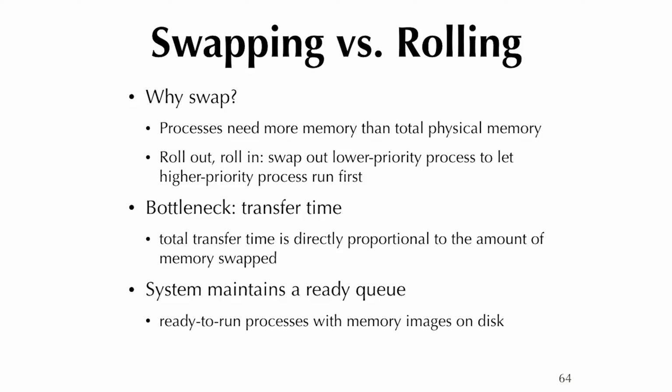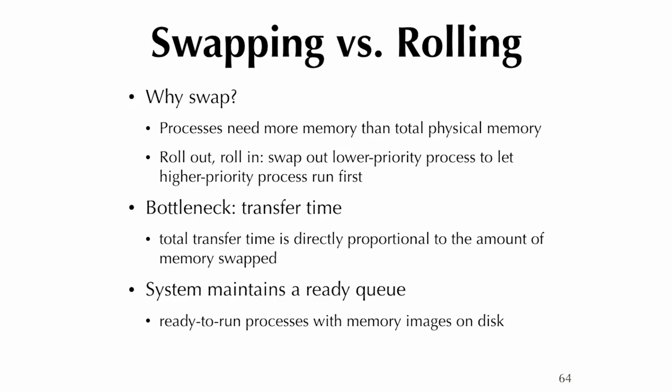Now the transfer time tends to be the bottleneck, just because there could be an arbitrary amount of memory that's active. And this also needs to integrate with your context switching, scheduler and dispatcher. Because now it's not just a ready queue for those preempted processes.